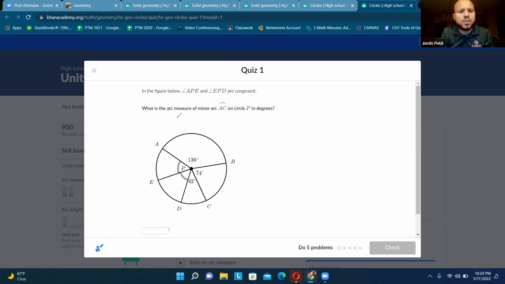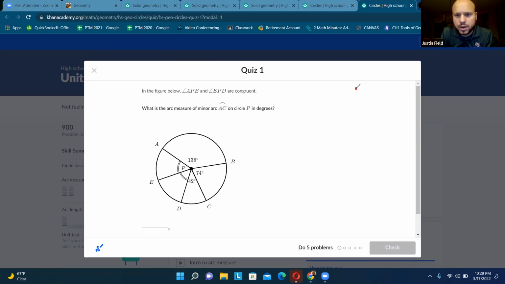So with circles, start out with very basic. We have a center. We have the circle itself, which is a distance around the center. We have the radius, as you know, the diameter. Also we have what is called a chord.